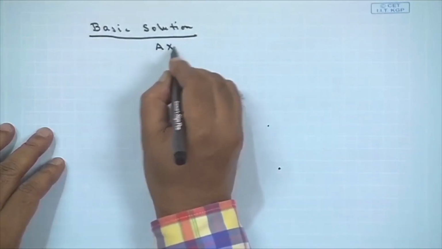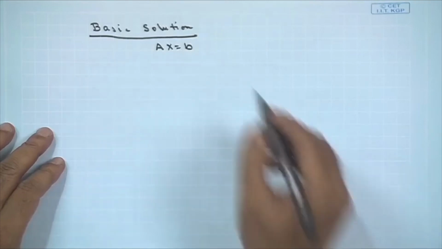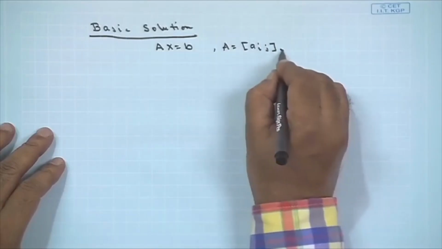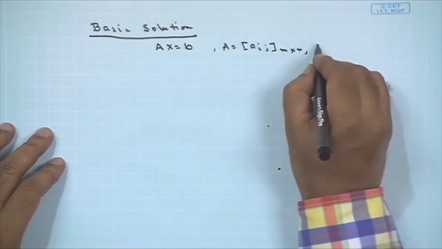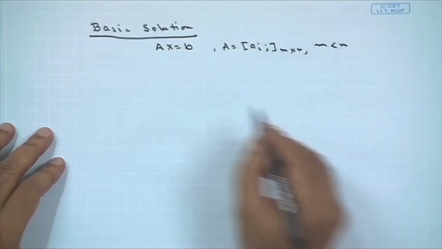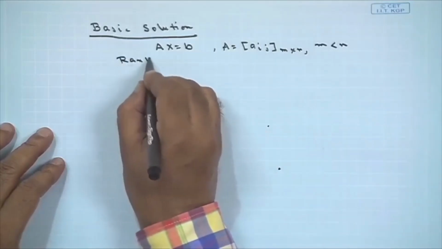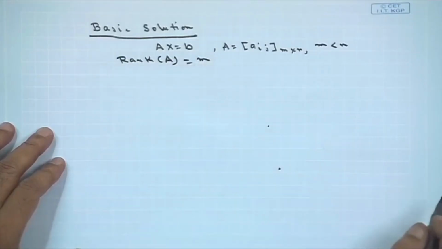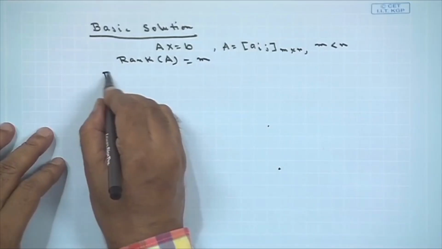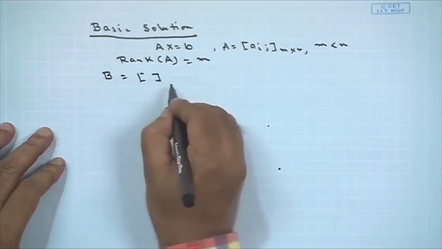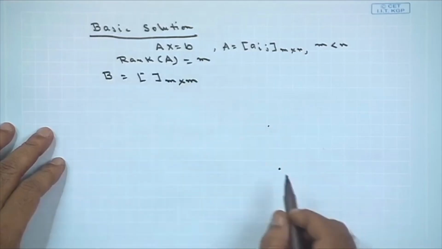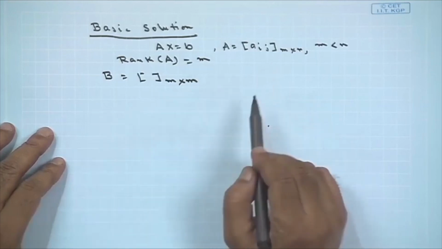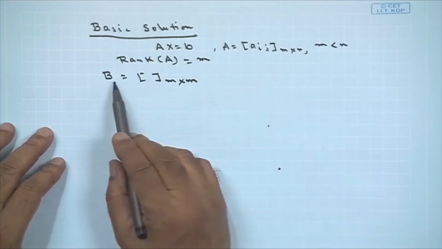If you have a system of simultaneous equations A x equals b, where A equals (a_ij) is an m cross n matrix, and m is less than n, and I assume that the rank of A is equal to m, then I can form a matrix B of size m cross m, that is, I will take only m linearly independent column vectors and form the matrix B.